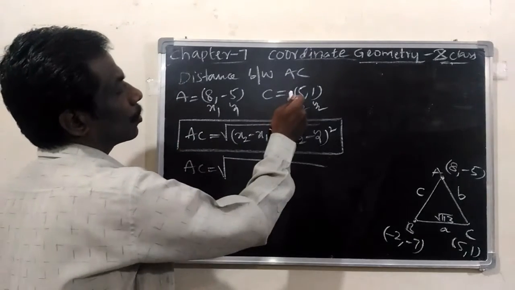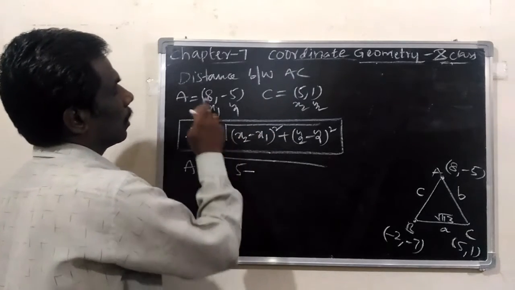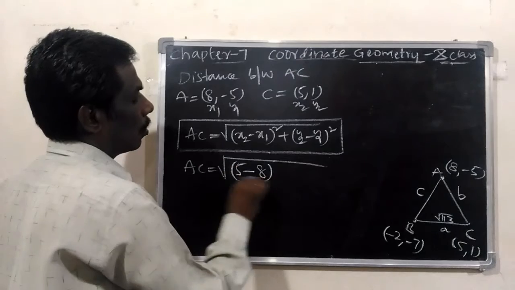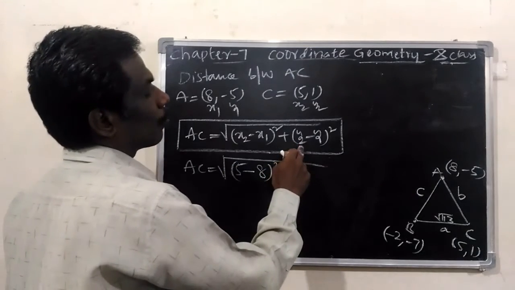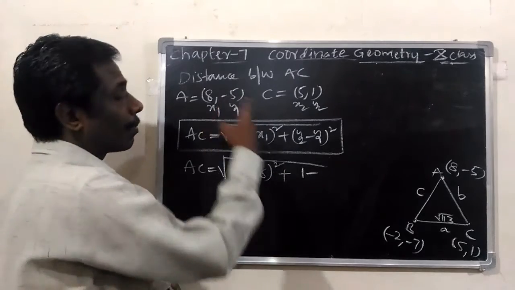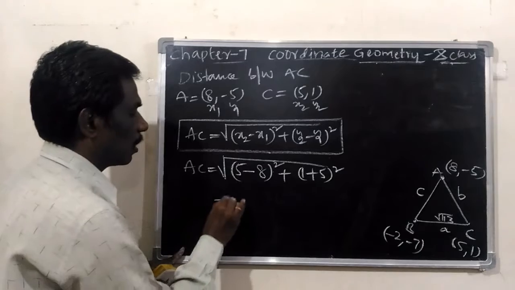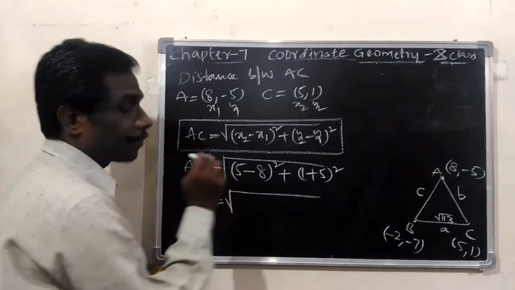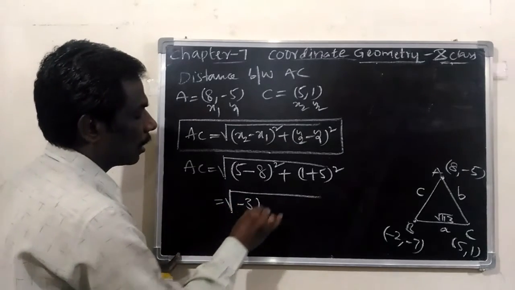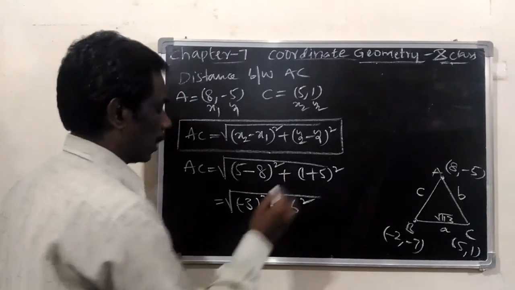AC equals under root of (5 minus 8) whole square plus (1 minus -5, which is 1 plus 5) whole square, equals under root of (-3) whole square plus 6 square.